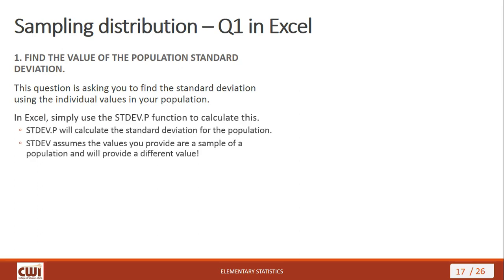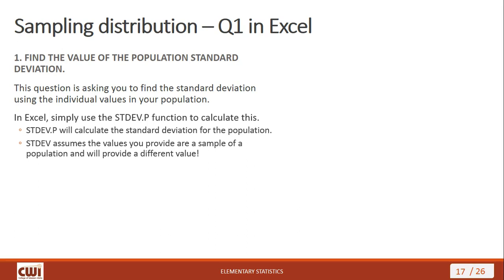So in Excel, what we're going to use is a special function called STDEV.P. This .P on the end of our standard deviation function will calculate the standard deviation for the population, which has a slightly different formula than the standard deviation for a sample.